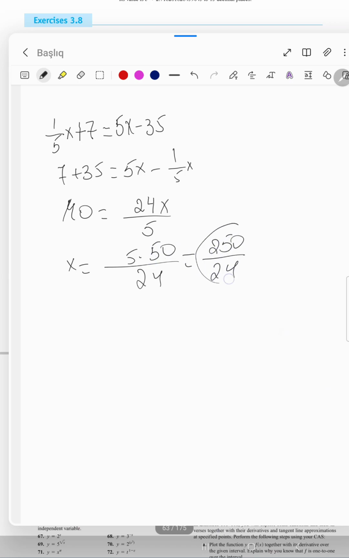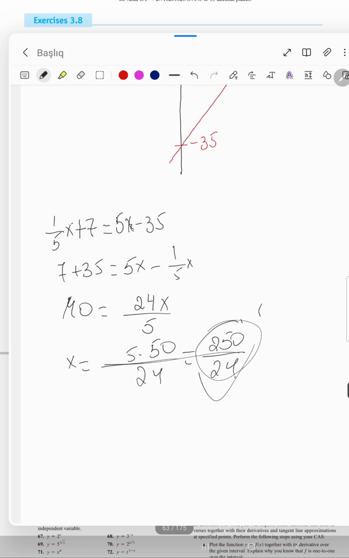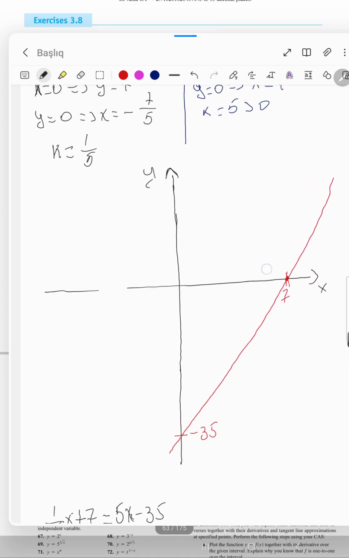So you have x, you have the point, that's why I know that they will intersect. You have the coordinate, you put x in here or here, it doesn't matter, and you will find y, and it will be your intersection point.